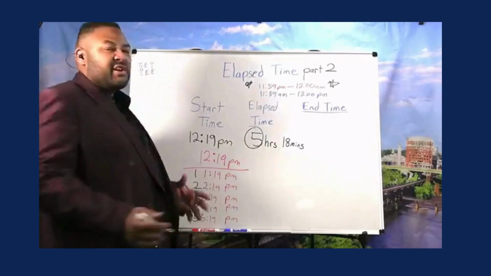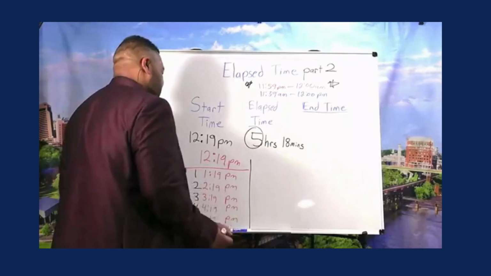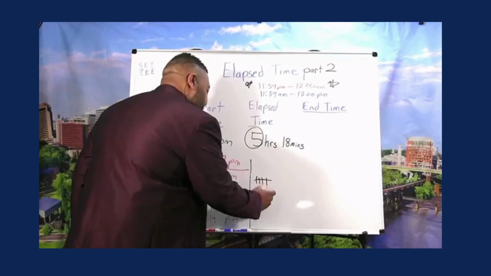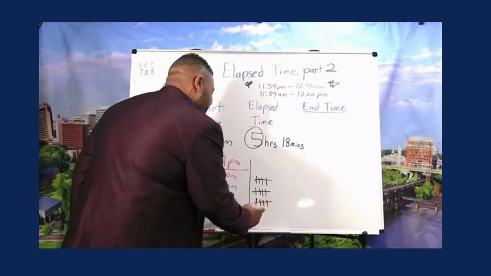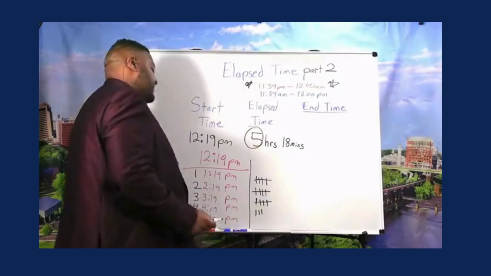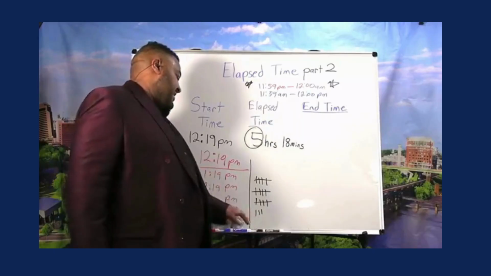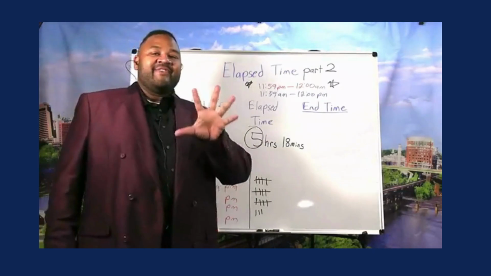Am I finished? No, because now I have to put 18 minutes. How do I do 18 minutes, Mr. Jones? Check this out. 5, 10, 15, 16, 17, 18. Counted in tally marks. And once again, my elapsed time is done in sets of 5.